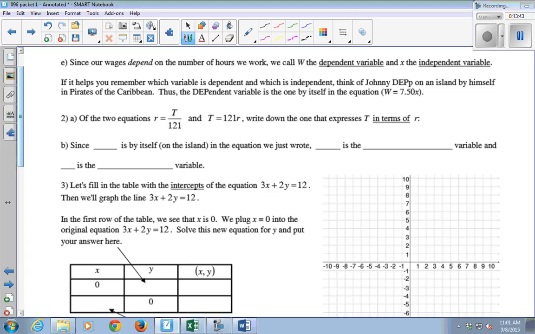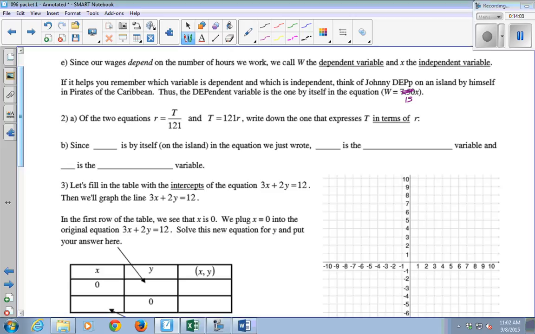Thus, the dependent variable, Depp for Johnny Depp, is the one by itself in the equation. So in the case of W equals 15x, W is the variable that's by itself. Johnny Depp, alone on an island, dependent variable. So here, wages is dependent.